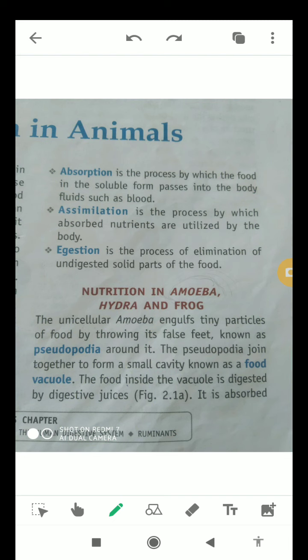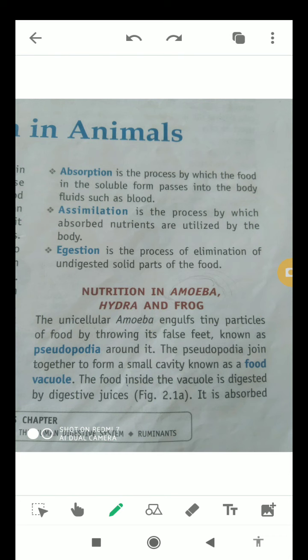Now we will talk about the nutrition in amoeba, hydra, and frog. So let's start with the nutrition in amoeba. As we all know students, amoeba is a unicellular organism. Unicellular means which has only one cell, or the body of the amoeba is made up of only one cell.